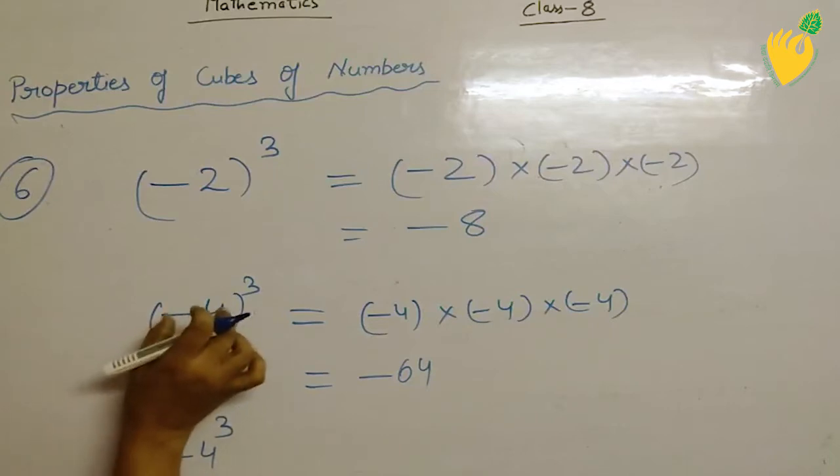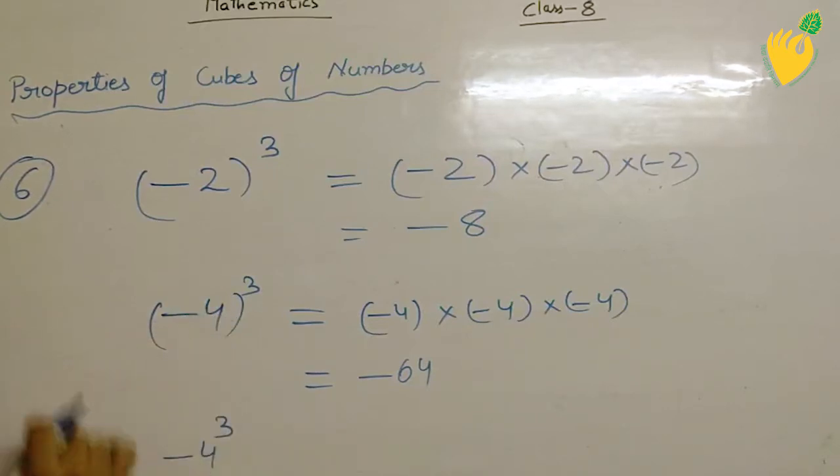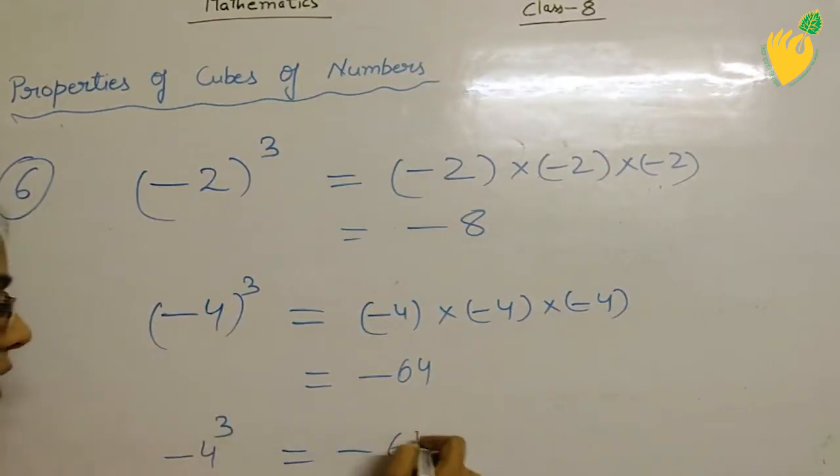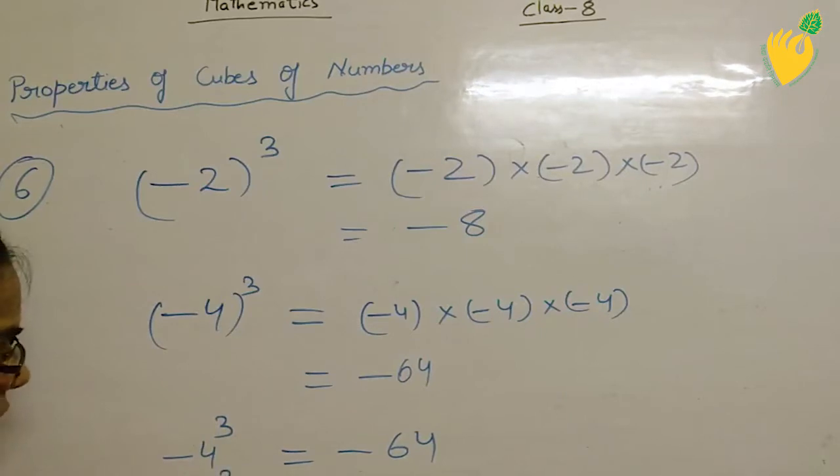So here the power is on minus 4, but here the power is only on 4. But the result will be the same because the minus sign will be written as it is. But if it is minus 4 to the power 2, then it will be 16.